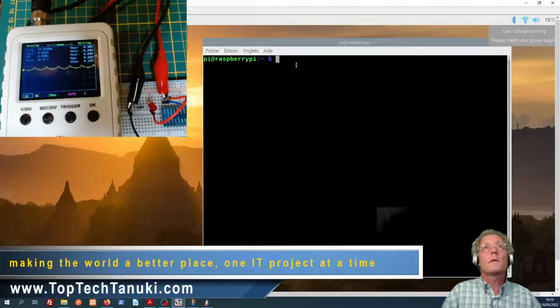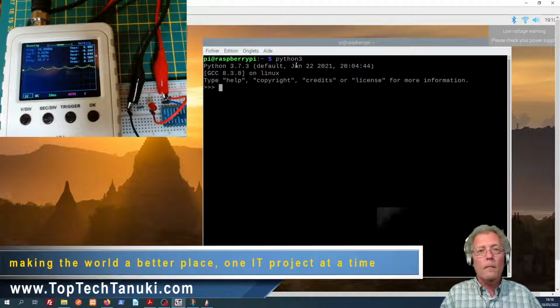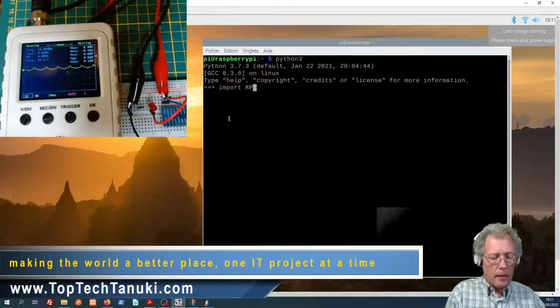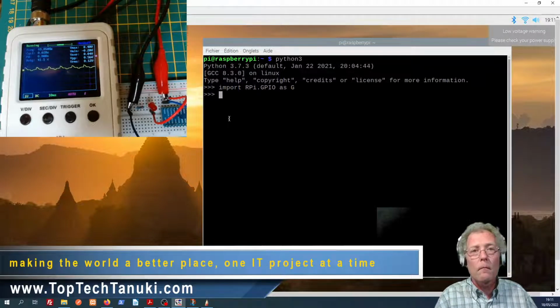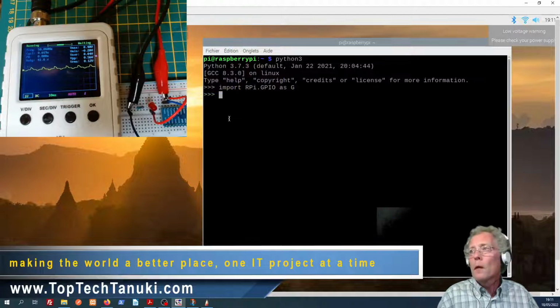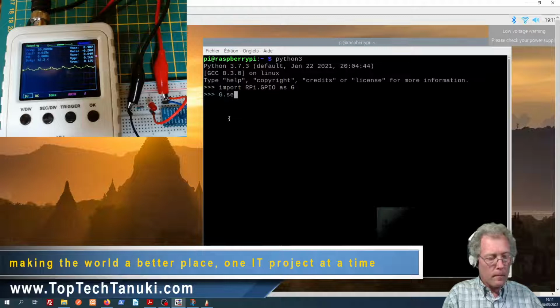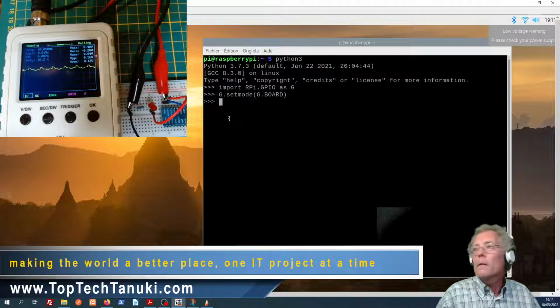So I will first start Python 3 here. We'll start with importing GPIO: import RPi.GPIO as G. Okay, we'll set the mode here on the board, because it's the most obvious and the most direct way of talking to the pins.